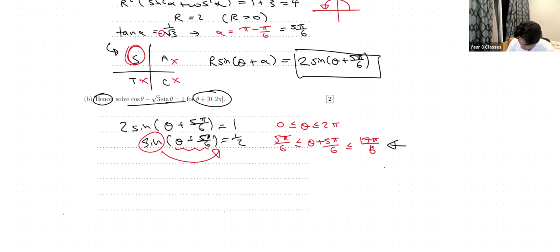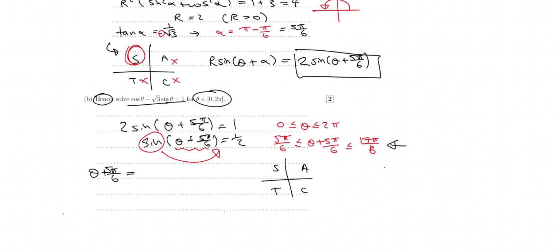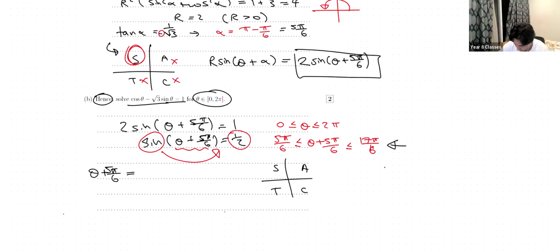But in any case, what we should do from here is move the sine over and see what we're going to get for our values of theta plus 5π/6. So which quadrants are we going to be looking at, given that this is positive here? So the first two. Yep, exactly. So let's do that.